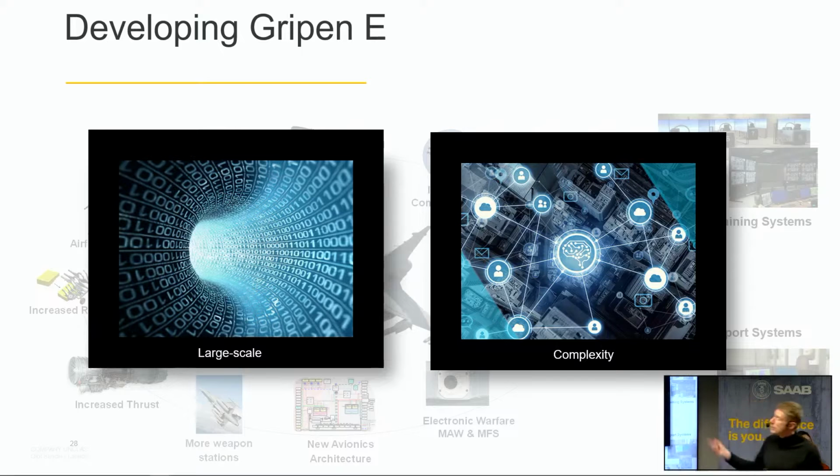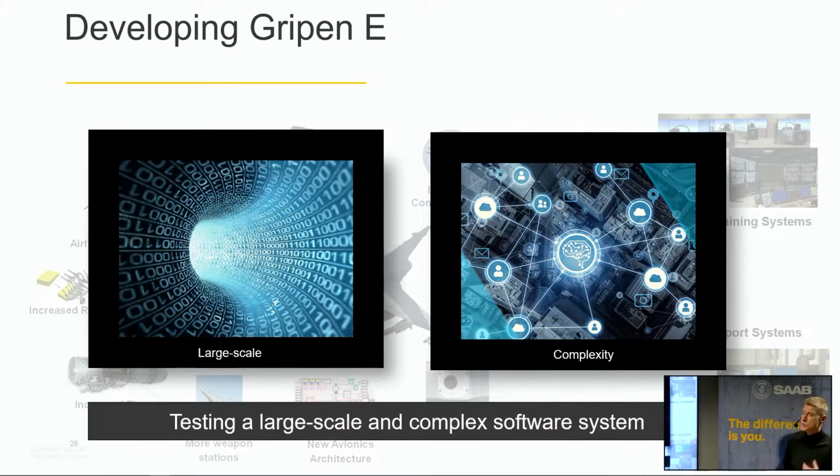The other factor that to a large extent limits how you work with testing of such a system is complexity. And here we mean connections between the subsystems, so connections between the software components and between software and hardware. So there are a lot more connections between different modules or components.